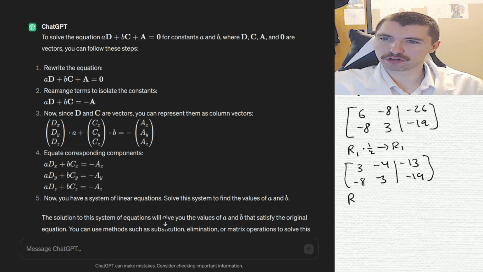So we can do row 1 times 1/3. So we get 1, -4/3, -13/3, -8, 3.